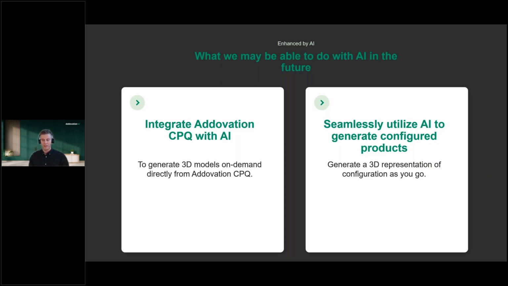That will make tools such as Addovation CPQ much more useful, realistic and fun to work with. That's pretty much all I want to say about AI at this point. Thank you, and back to you, Lars.